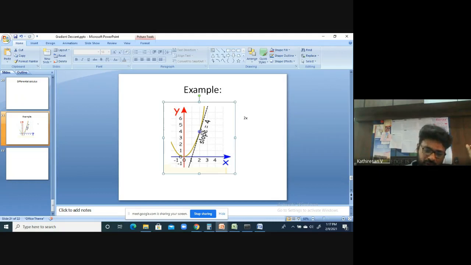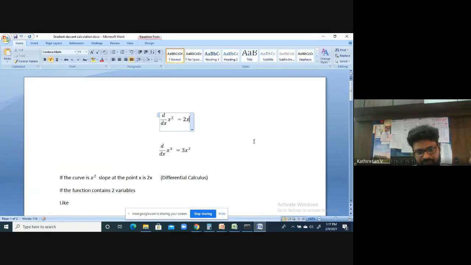You can identify the direction of the curve. Here it is a parabolic curve, so you can say the direction is this, but in real time, you have to find the slope of a point in order to identify the direction of the curve. Okay, that's what you need to do. Now just look here.